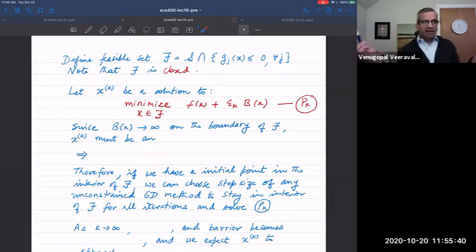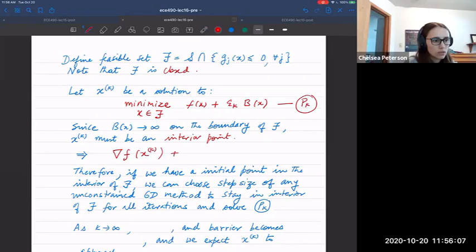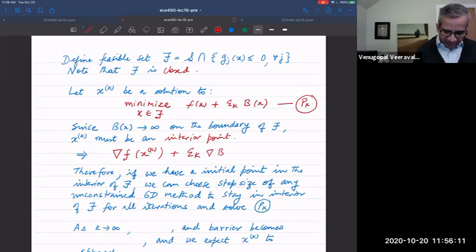It can't be at the boundary, because at the boundary the function is going off to plus infinity. So xk must be an interior point for this problem. So that implies that, for interior points, we know that the first order necessary condition is just that the gradient is 0, but it's the gradient of these two things.